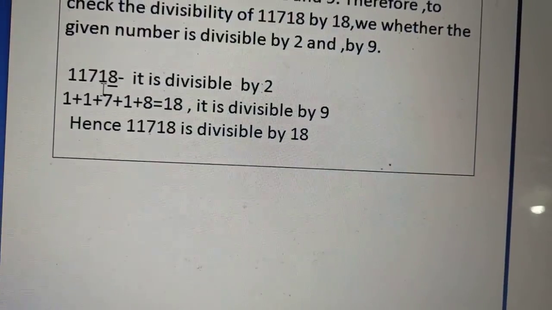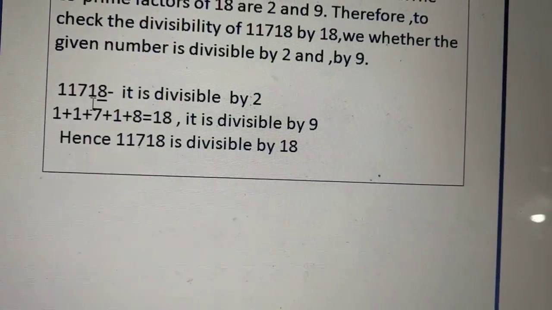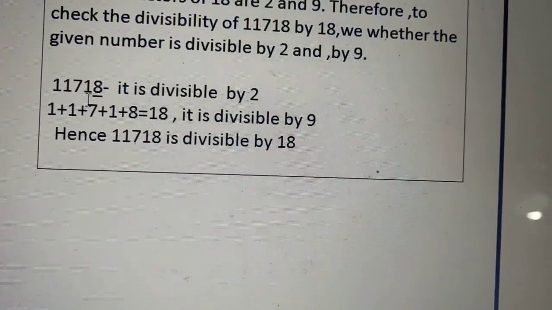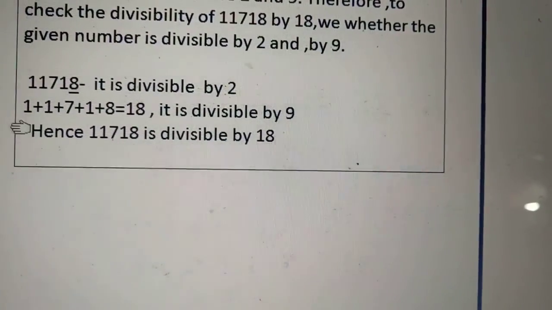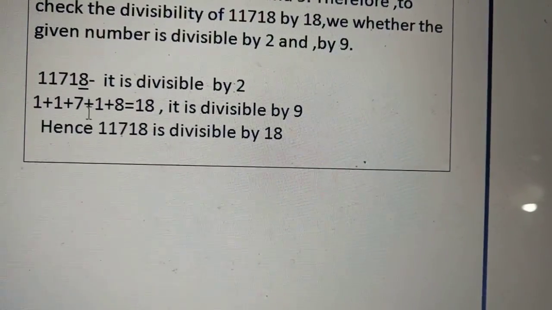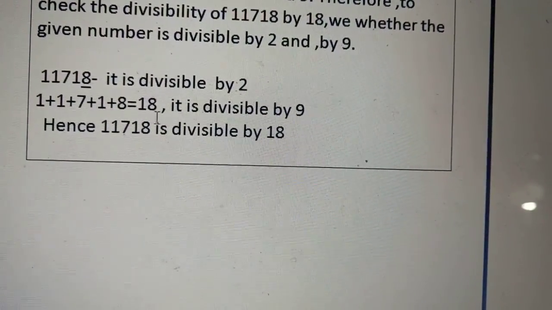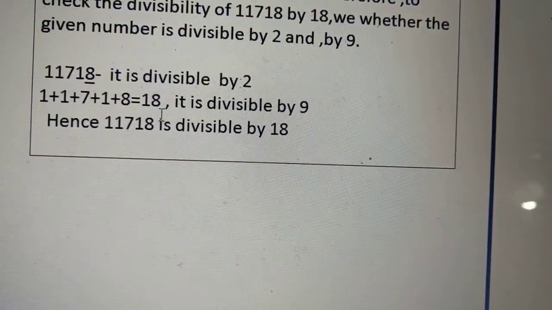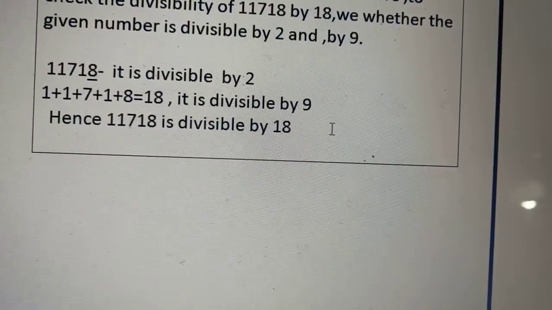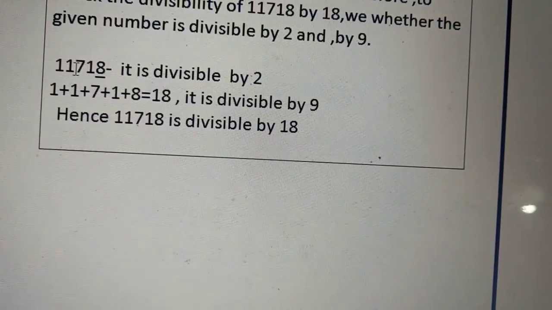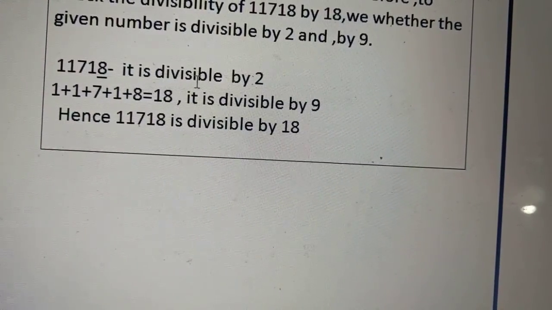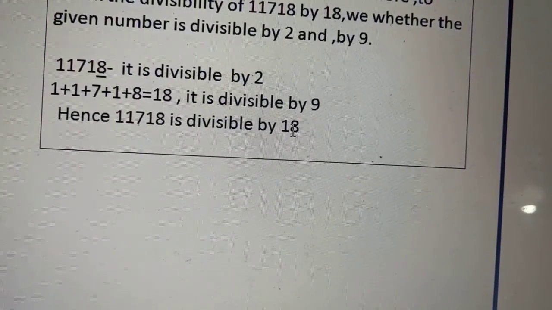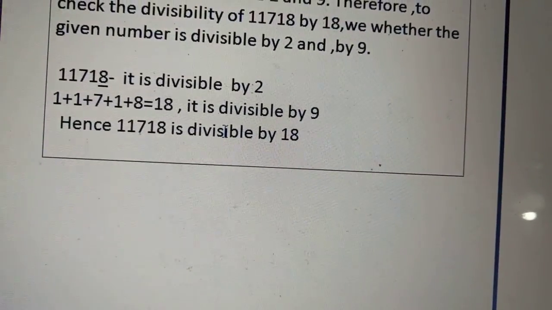What was the divisibility rule of 9? If the sum of all the digits of a number is divisible by 9. So the sum of all the digits: 1 plus 1 plus 7 plus 1 plus 8 equals 18. Is 18 divisible by 9? Yes, it is. So 11,718 is divisible by 2 and divisible by 9. So it is divisible by 18.